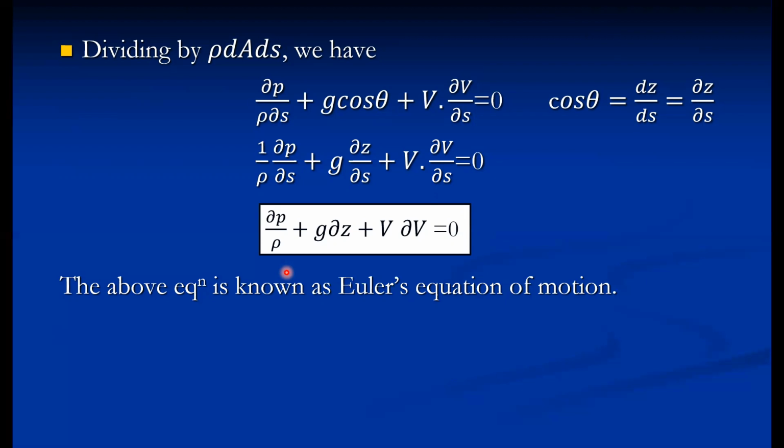There are two pressure forces, one acting at the bottom surface of the cylinder and one at the top surface. According to Newton's second law of motion, the summation of all forces is equal to mass into acceleration, and on simplifying that equation we arrive at this particular equation.